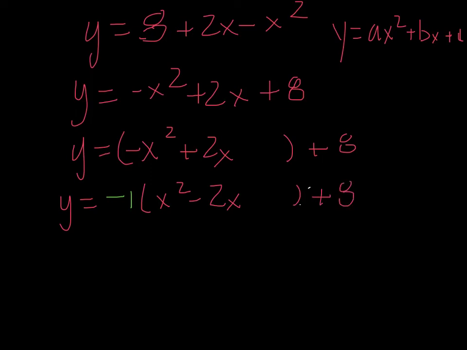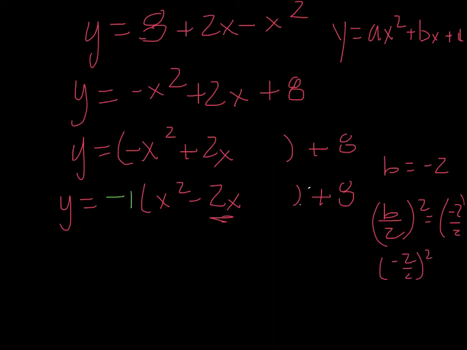Now that I have my b term, which is negative 2, I'm going to take that, divide it by 2, and square it. So I'm going to take negative 2, divided by 2, and square it. Going kind of quickly. Negative 2 divided by 2 is negative 1. Negative 1 squared is 1. So I'm going to add 1 here.